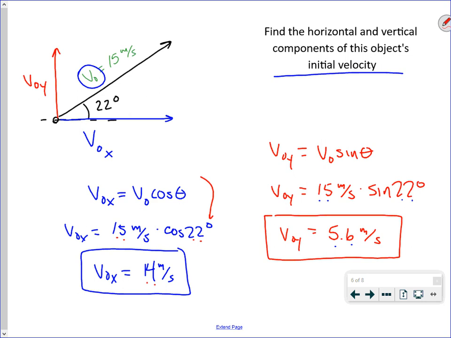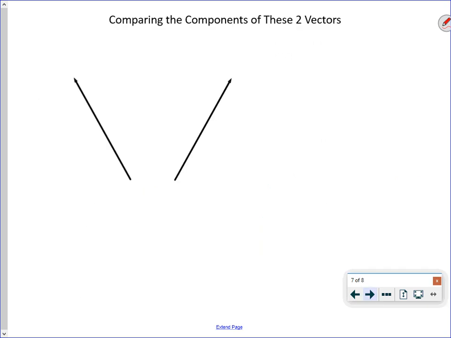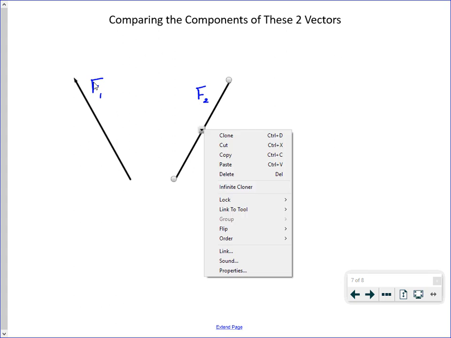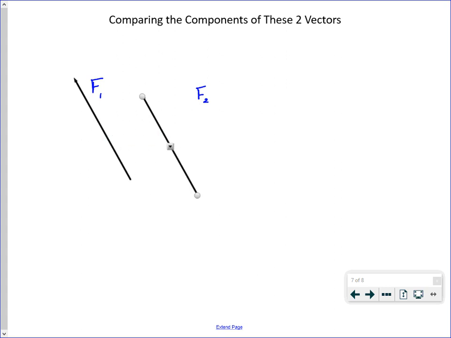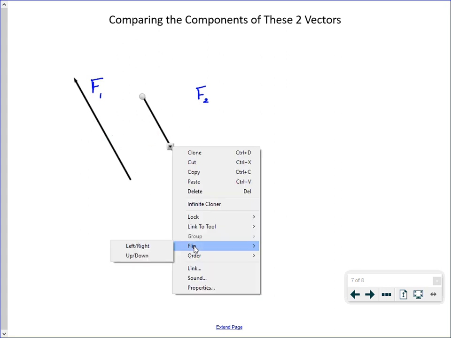Okay. Here's another, just sort of no numbers here, but let's say that we have two forces, F1 and F2, and we want to do a qualitative comparison. Now, here's what's important. What I do is take this one, clone, and then flip left and right.